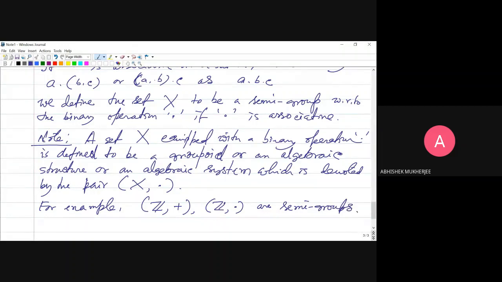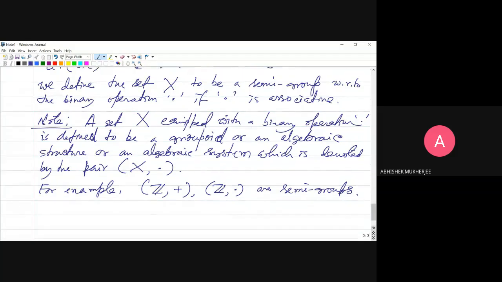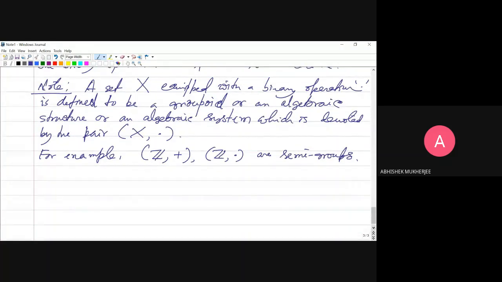Similarly, R with respect to plus, R with respect to dot, C with respect to plus, C with respect to dot, Q with respect to plus, Q with respect to dot. These are all semigroups. Not only that, if you consider the last example of residue class integers modulo n, then you will find that the operations defined on Zn, that is plus and dot, are all associative.